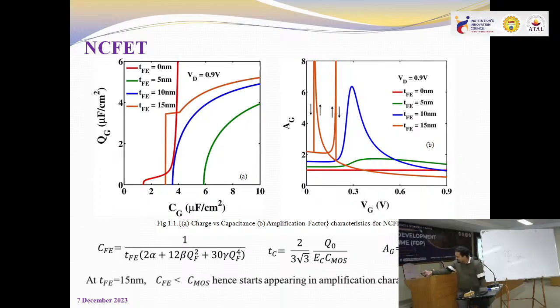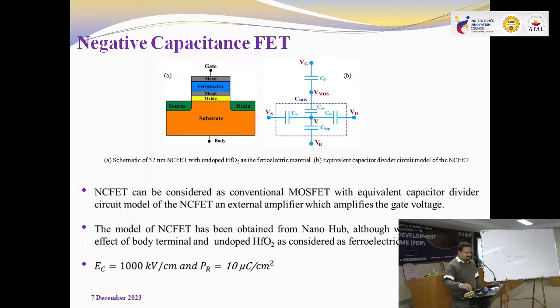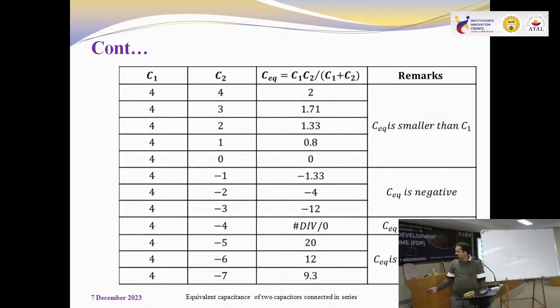I'm coming to it, sir. Now let's go to this AG versus VG. Before that, just a second. In your table, is there a certain limit up to 15? No, that table has nothing to do with it.